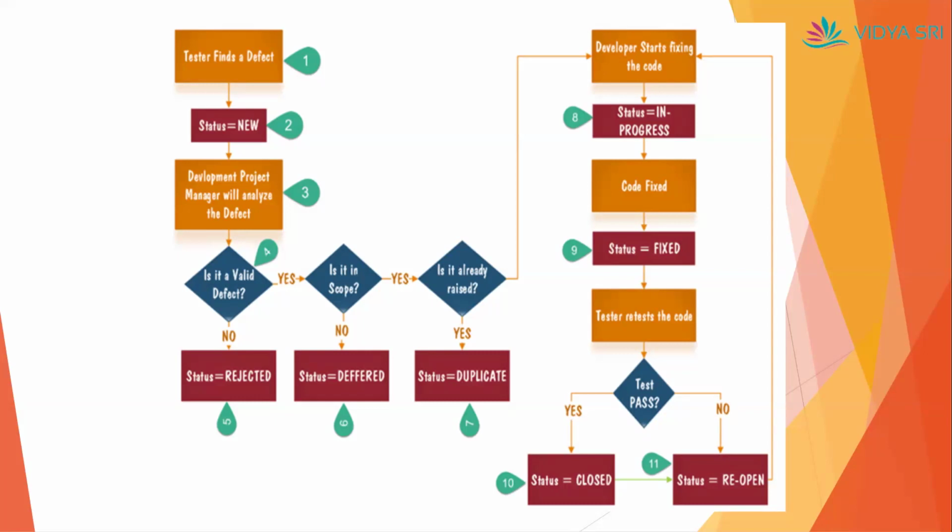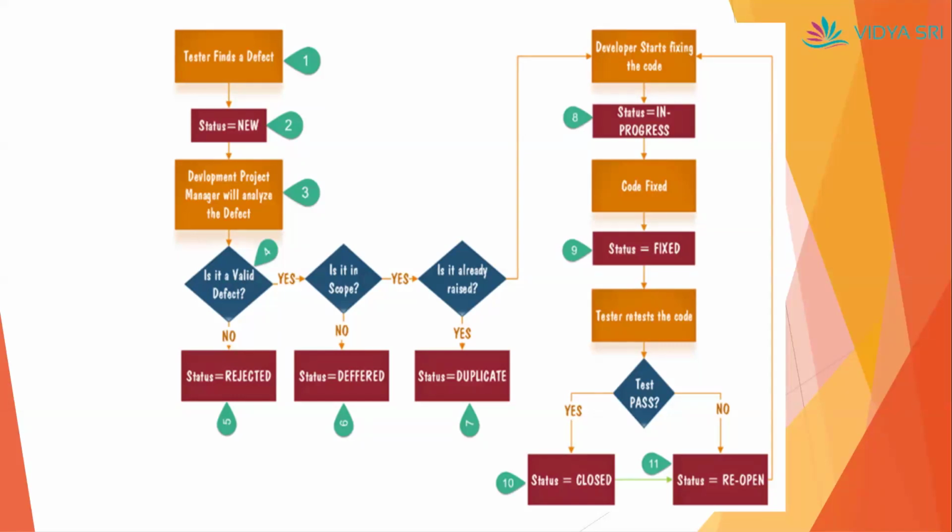Once a defect is raised, it is called the new status. Once it is raised and assigned to the developer, that developer can verify whether it is a valid defect or not. If it is valid, he will verify whether it is important, like whether it is in scope or not.